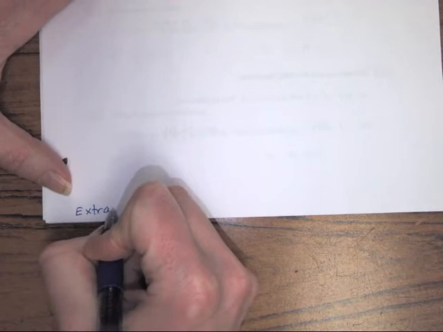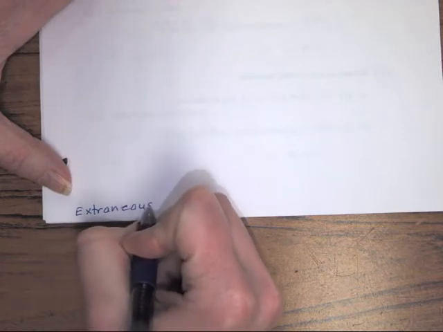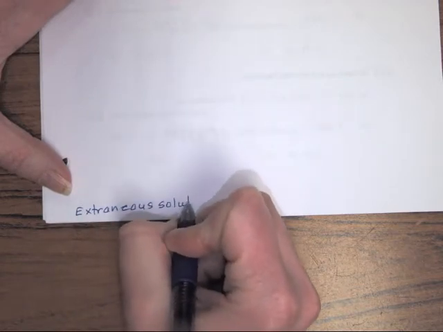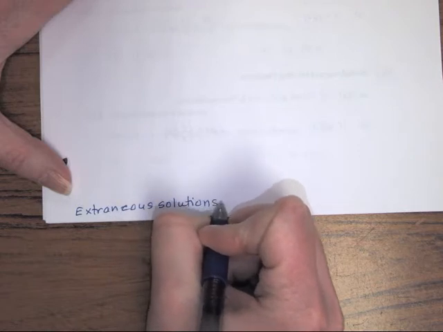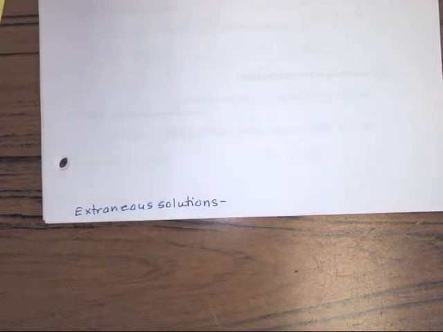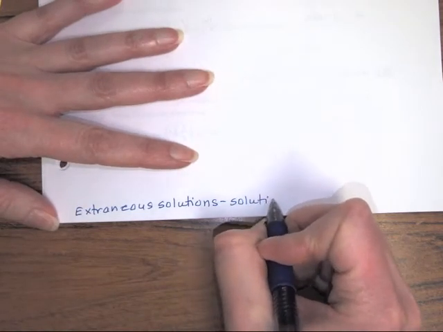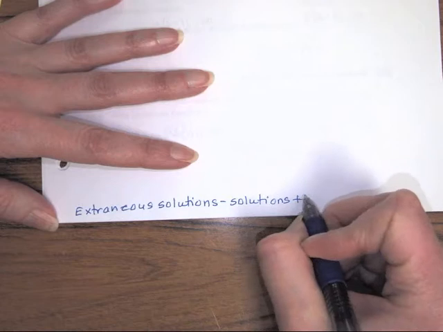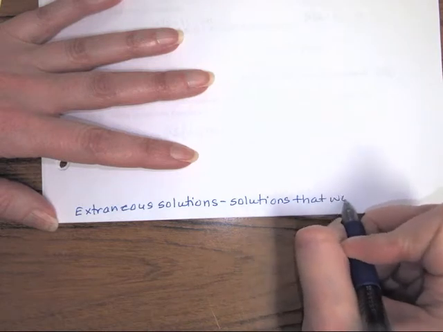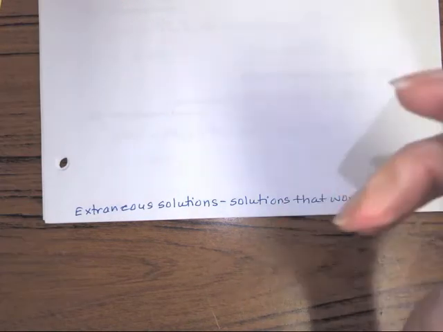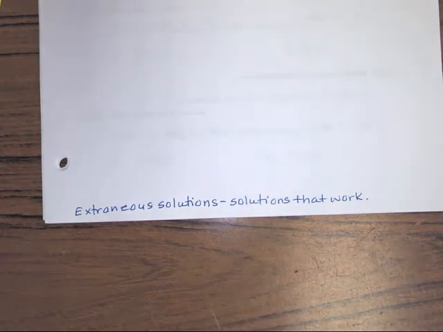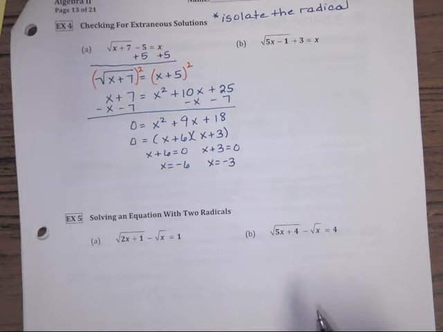Extraneous solutions are solutions that don't work. So they're not really solutions, but you still get them as an answer when you try and solve. So here's what you have to do to find out if either of these answers is an extraneous solution and therefore a bad answer. You've got to go back to your problem and plug them in and check them.